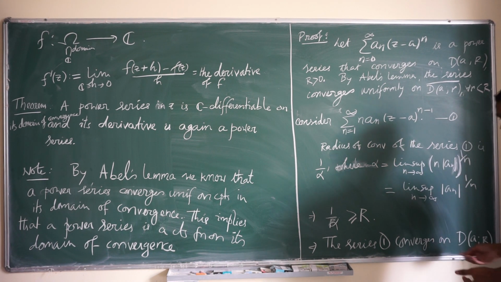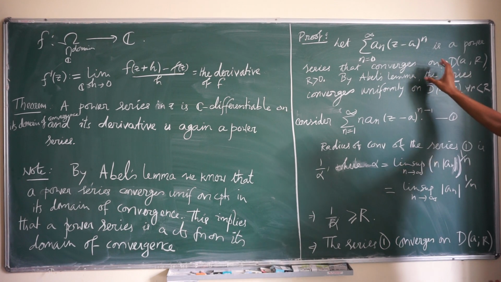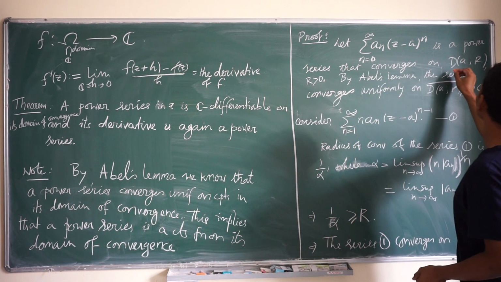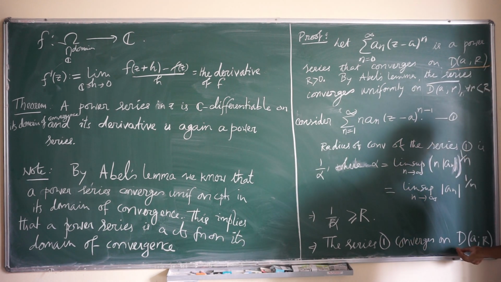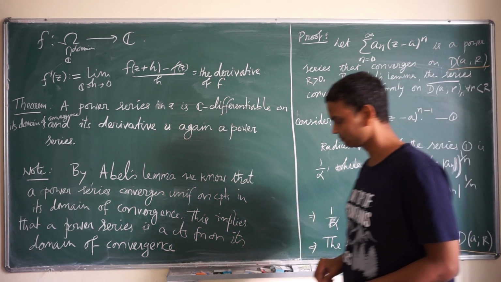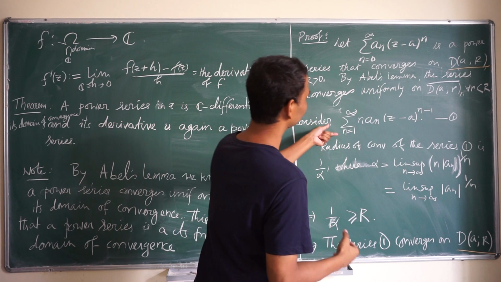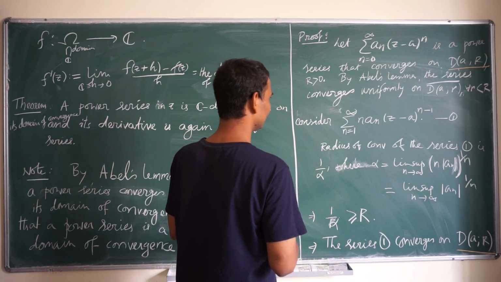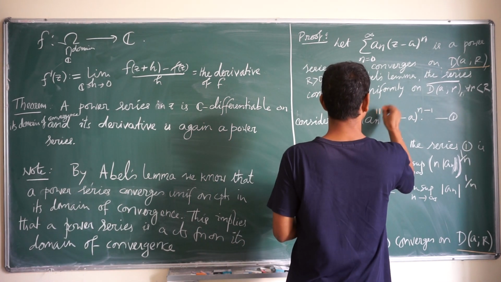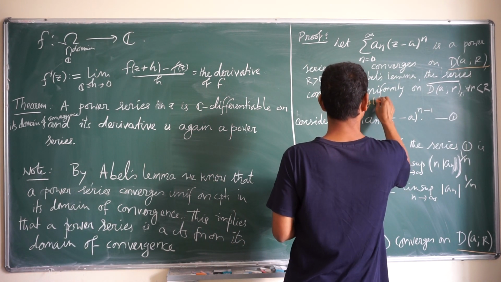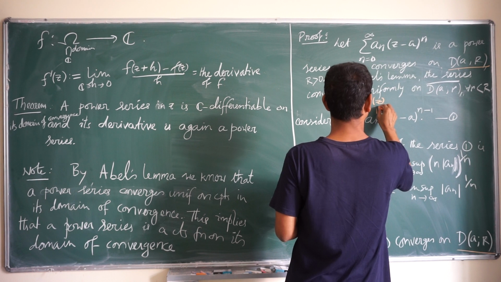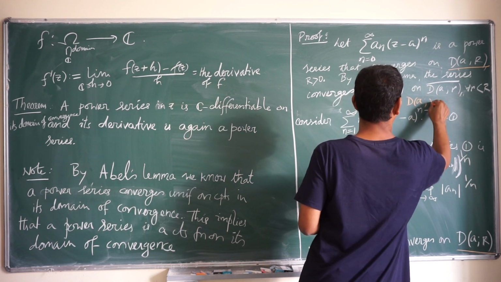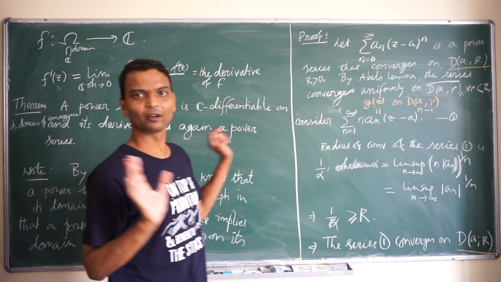So it converges on this disk. Note this is the same as this. So why do we need this candidate? This gives a function now. So this defines a function g(z) on D(a, R). That defines a function g.